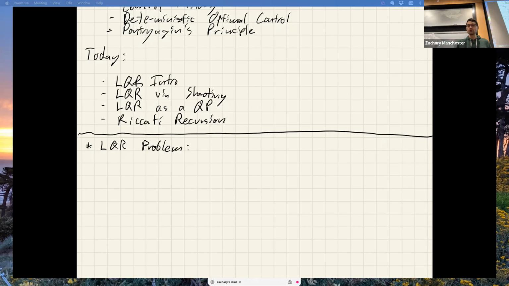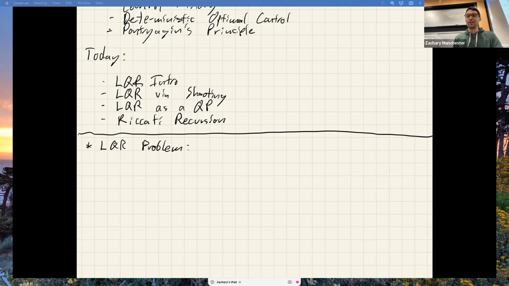And it's also super practically useful, because you can approximate any nonlinear control problem locally as an LQR problem. So it shows up all over the place whenever you linearize, right? The linear approximation of every control problem is an LQR problem, basically. So you'll see this everywhere.